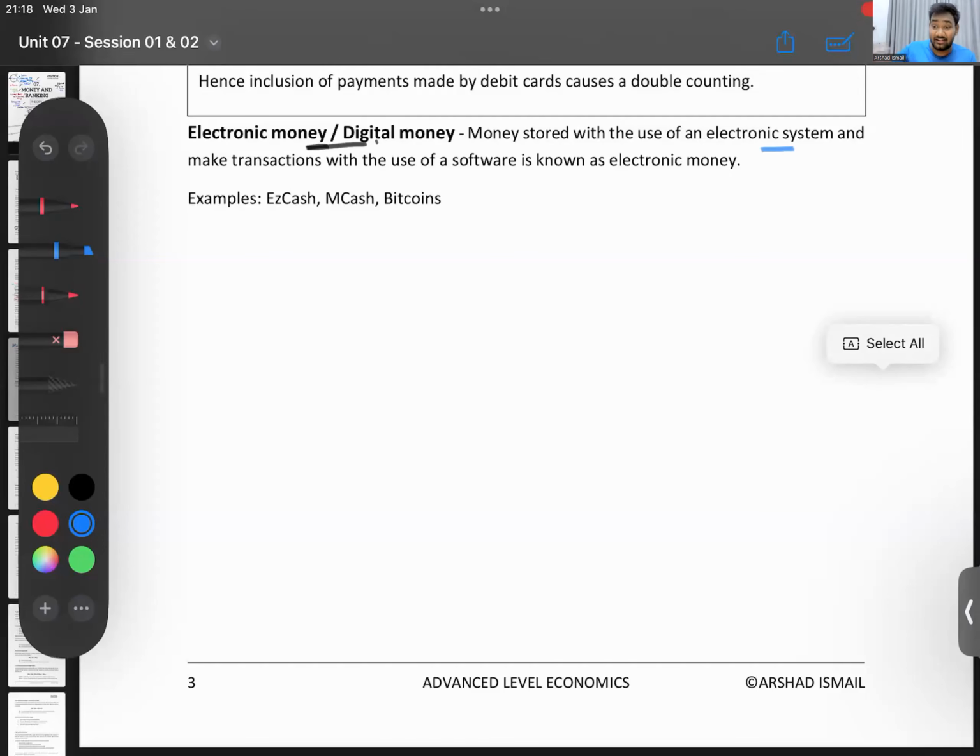So you can make transactions with this now. How many of you are aware of something called bitcoins or cryptocurrencies? Do you know cryptocurrency? Have you at least heard of something like that? You would have heard, right? These are called digital currencies.